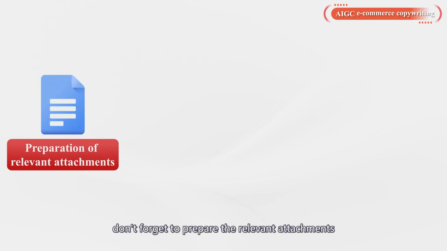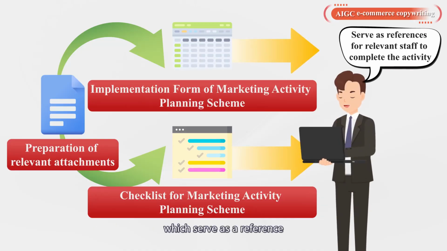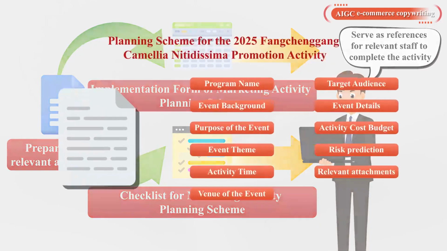Finally, don't forget to prepare the relevant attachments. The relevant attachments may include tables related to activity execution, such as the marketing activity planning plan execution form and marketing activity planning plan inspection form, which serve as a reference for relevant personnel to complete the activity.